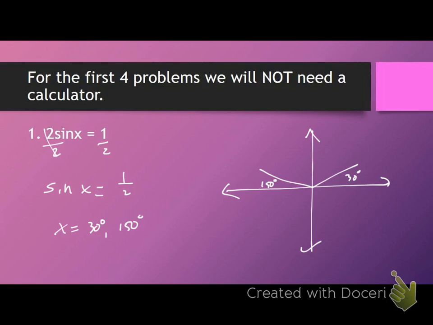Now, take a look at this over here in the coordinates. Let's say we didn't know what angle measure the sine was 1/2, right? Then we'd have to get into trying to get x by itself, ripping this sine off to get x by itself.